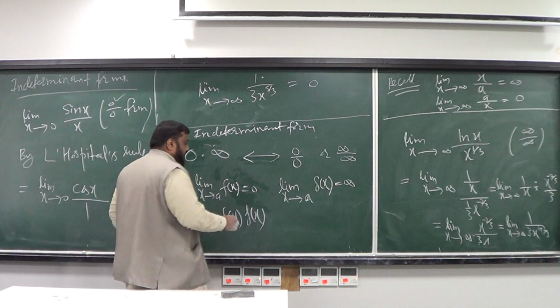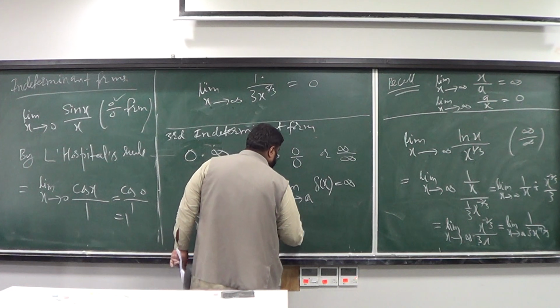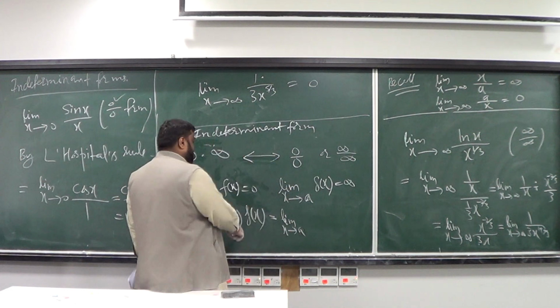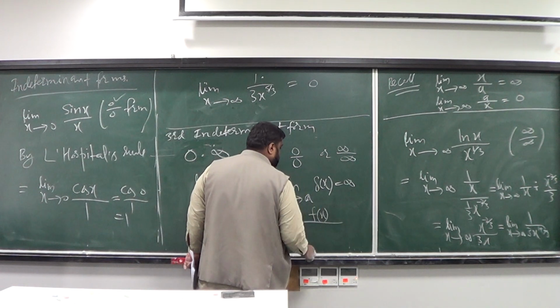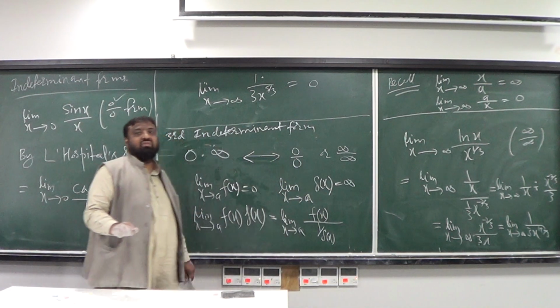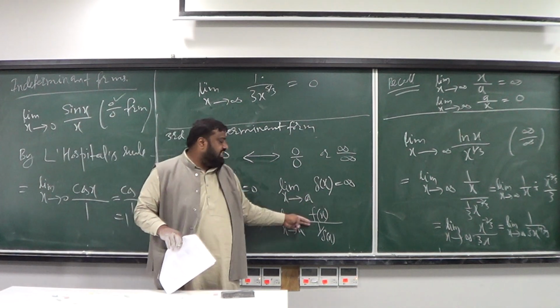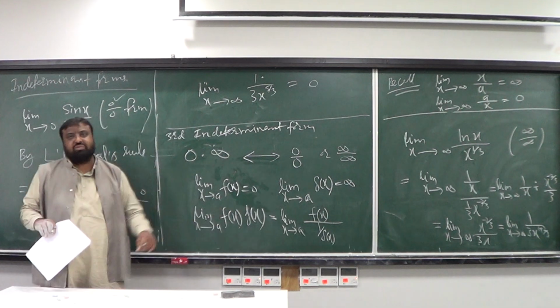The answer is, you can play a trick. So do the limit x goes to a, and write this as f of x divided by 1 upon g of x. So I haven't changed anything. f of x divided by 1 upon g of x is really equal to f of x times g of x.